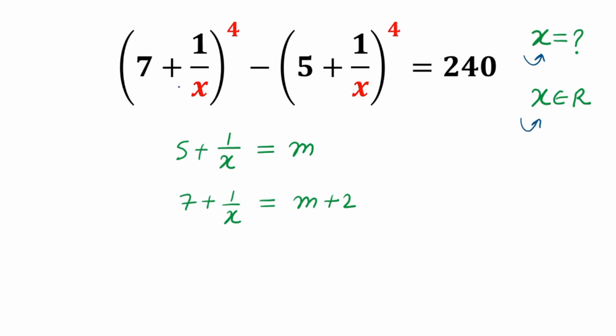Now the given equation, with 7 + 1/x replaced by m + 2, becomes (m + 2)^4 − m^4 = 240.